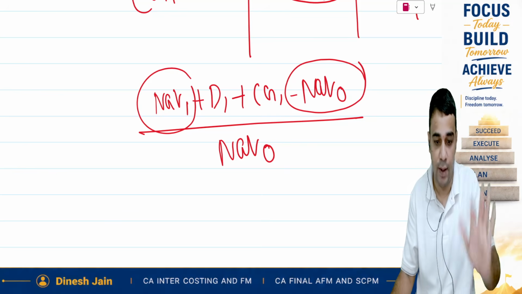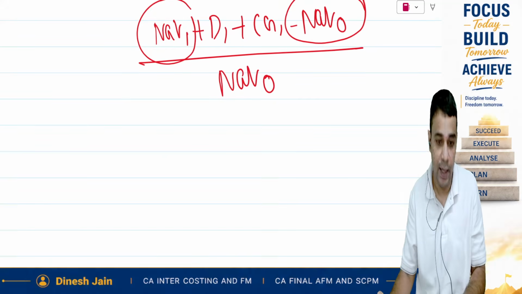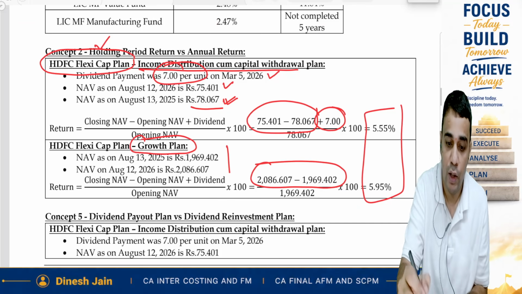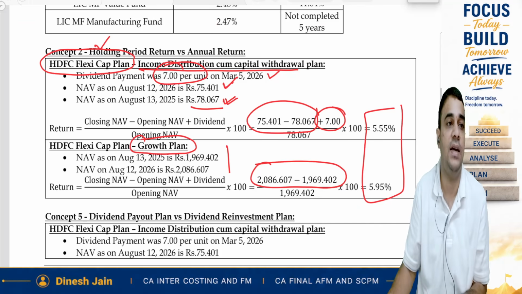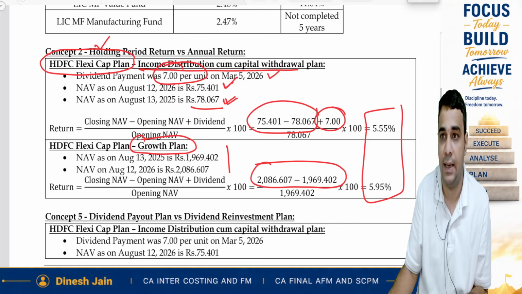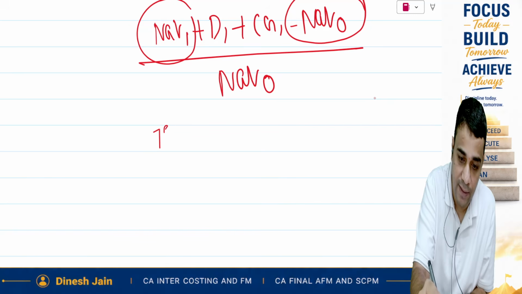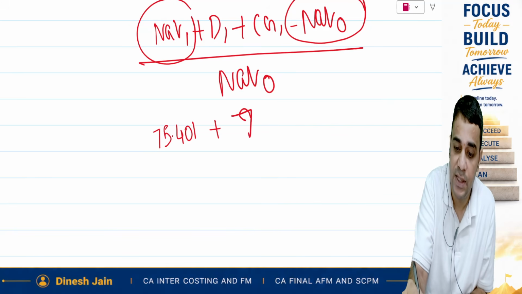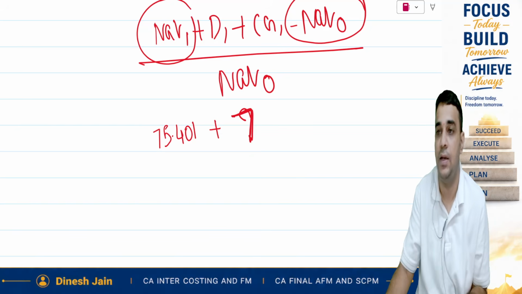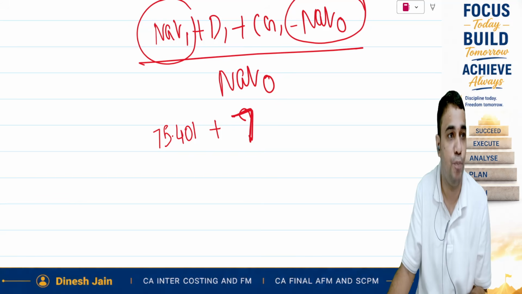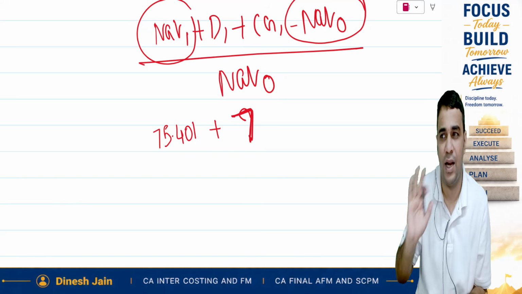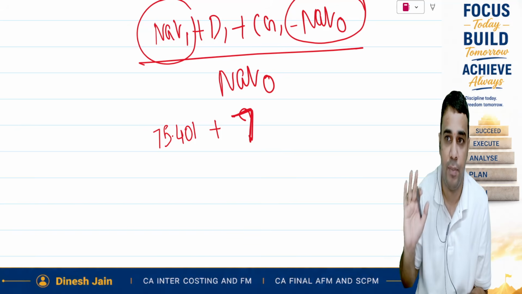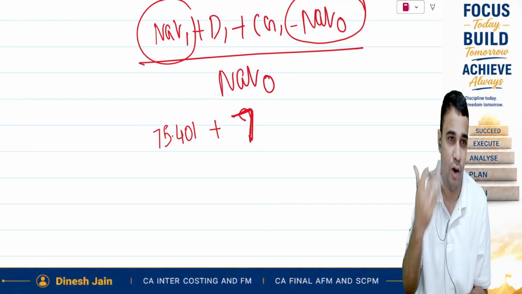Able to understand the concept? Now I am putting some numbers. Let me put the numbers which you see here. Closing NAV 75.401, practical data. Closing is 75. D1 and CG1 put together is 7 rupees. When I tell you to do the calculation, do it. Otherwise, I don't want it. Understand the concept. Numbers are not my worry.